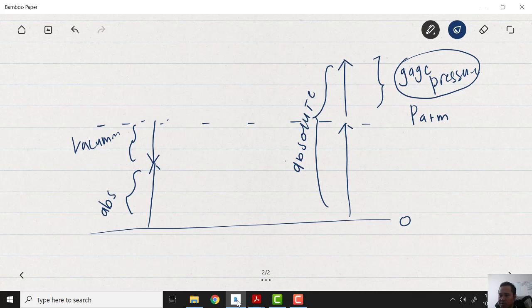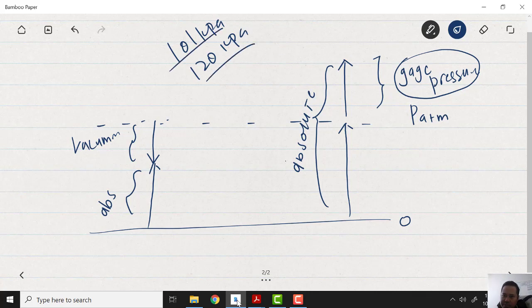For example, you pump it until 101 kilopascal or 120 kilopascal. This is the gauge pressure you got from the pump station. If you want to find the absolute pressure, you need to add the local atmospheric pressure, which is usually 101 kilopascal. This is PATM.